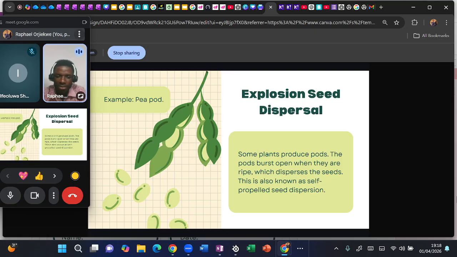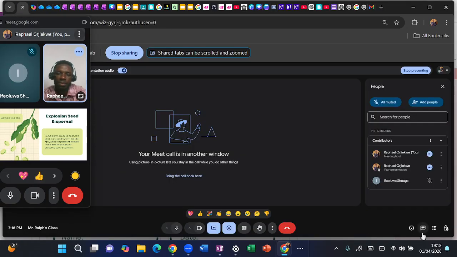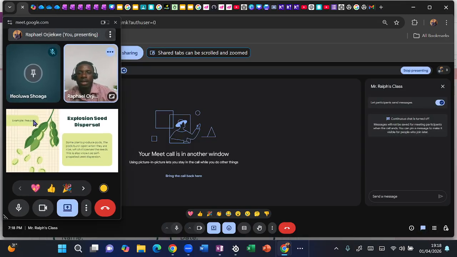Animal, animal. So go to the chat now. Type the 3 different types of dispersal that involve animals, before we go to the ones that involve wind and water. Yeah, type in the chat, tell me what your answer is.